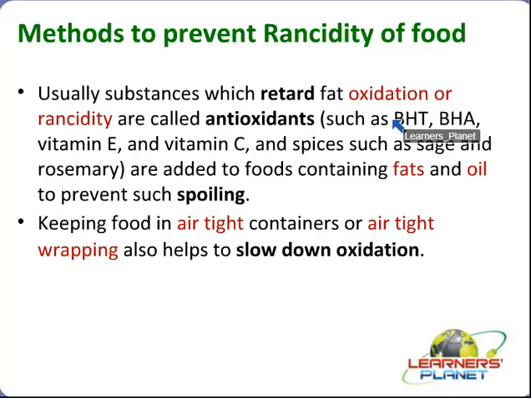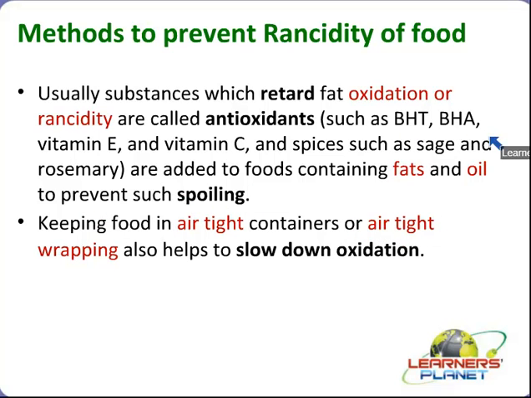Now these are BHT, BHA, vitamin E, vitamin C and spices. Rosemary, that is a herb. Sage, it's a herb. Now these are added to foods containing fats and oil to prevent such spoiling.